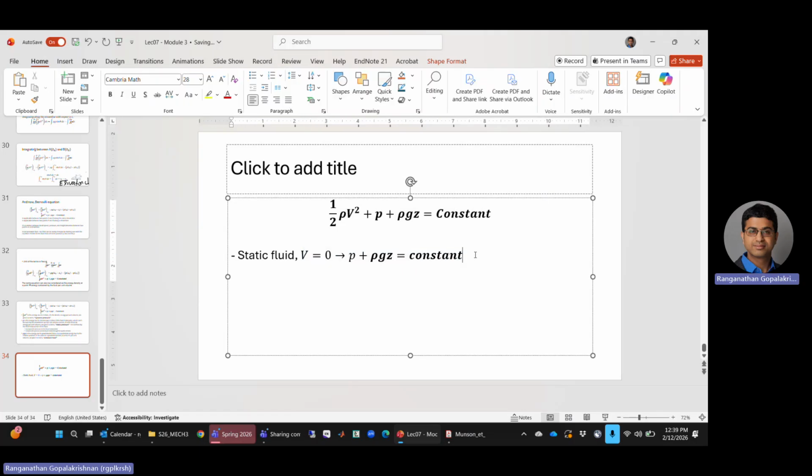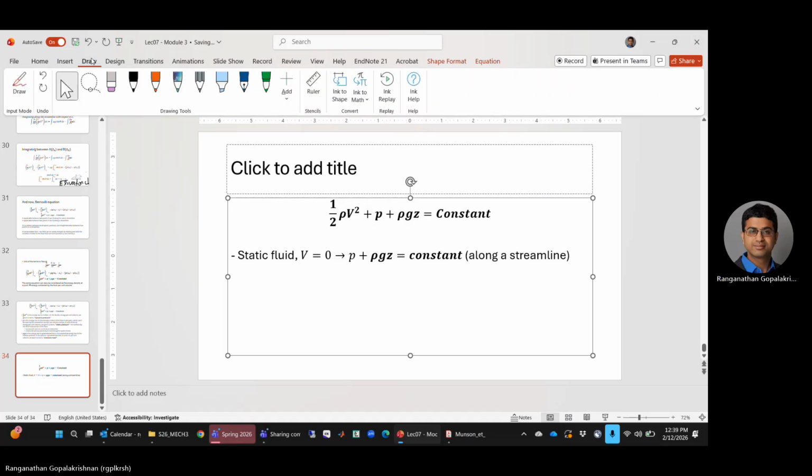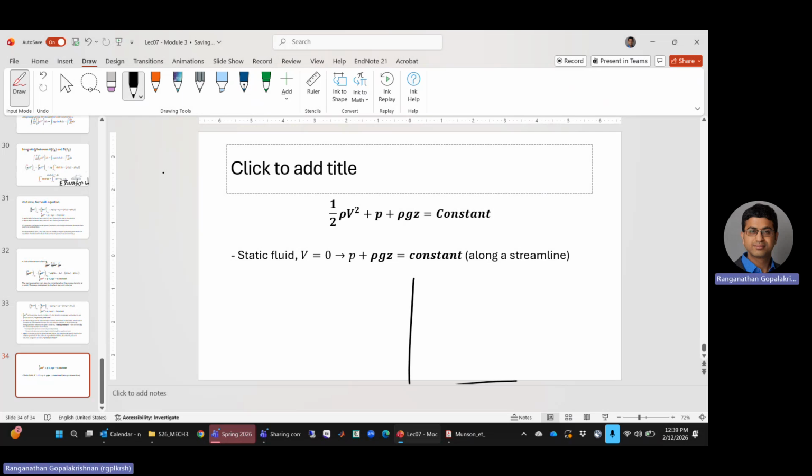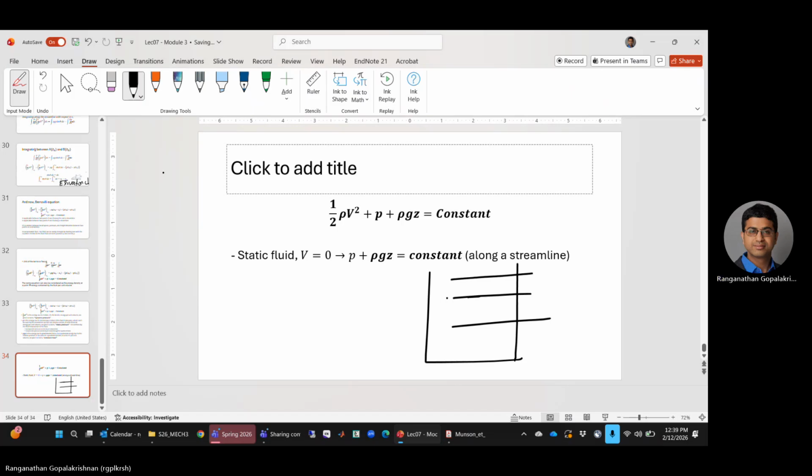Now, it's easy to forget that this should be along a streamline, not perpendicular. What does that mean? If I have a tank, I take a point and draw a streamline that is flat.